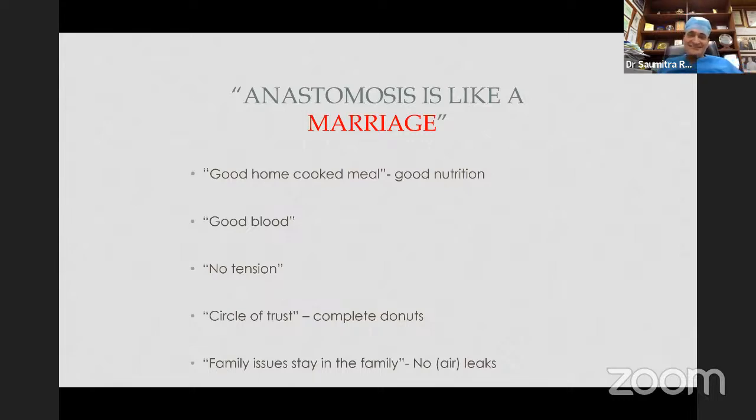This is a slide: anastomosis is like a marriage, you need to have a good home-cooked meal. That means patient nutrition has to be good. There has to be good blood between the husband and wife, so there has to be good blood supply between the two bowel ends you join.